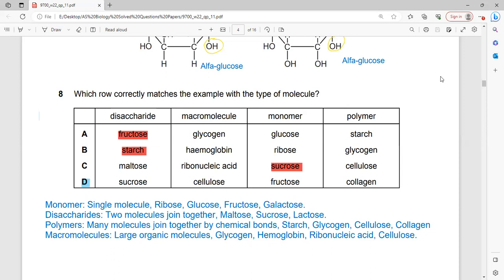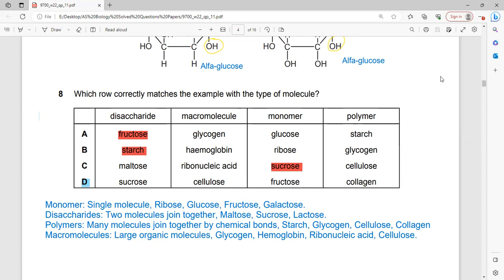This is a disaccharide, so it contains 2 units. So our correct option is D. We're going to proceed to the fourth column to verify it. The collagen is a polymer. So D is our correct option here. Rest of all, in the column number 4, the starch, glycogen, cellulose, all are polymers is correct, but you can find your option in the third column correct.